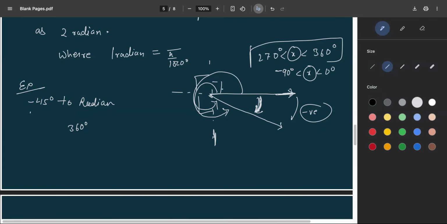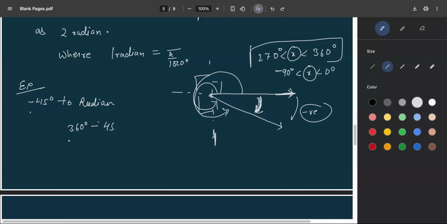So can I say the positive side of this angle is nothing but 360 minus 45 degree, isn't it? In calculations, you may or may not be using it like this. So this will come out as 315 degree, right?